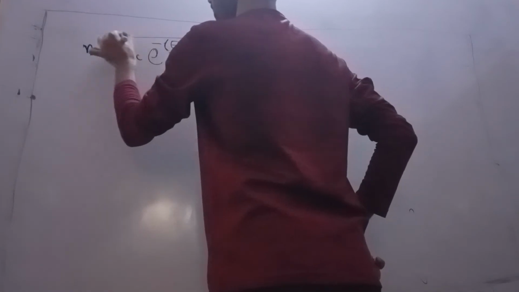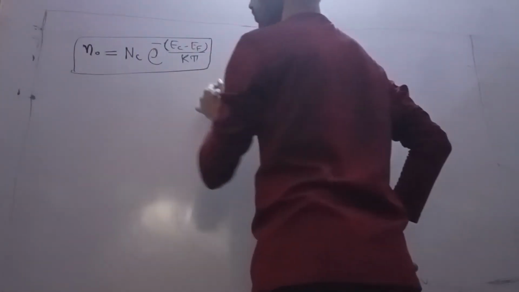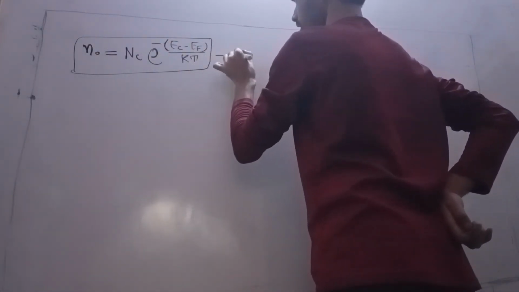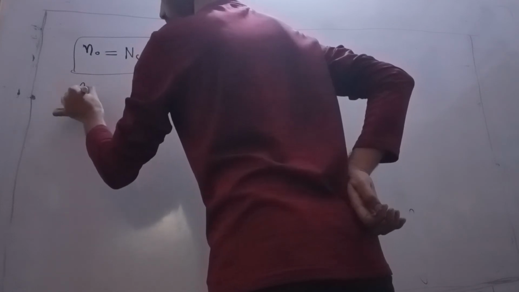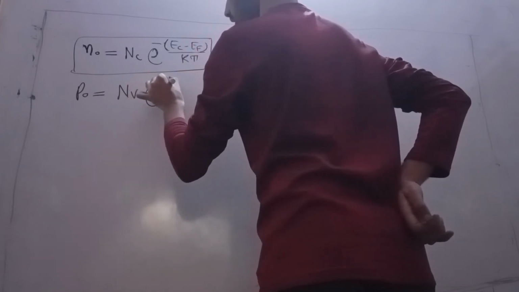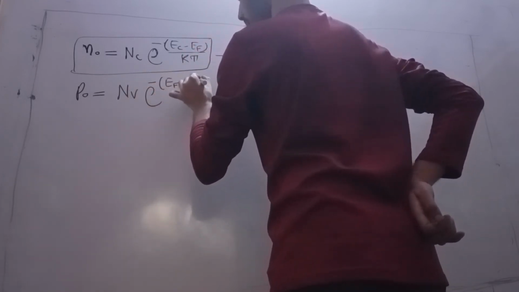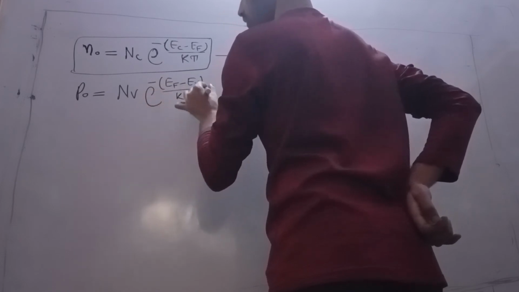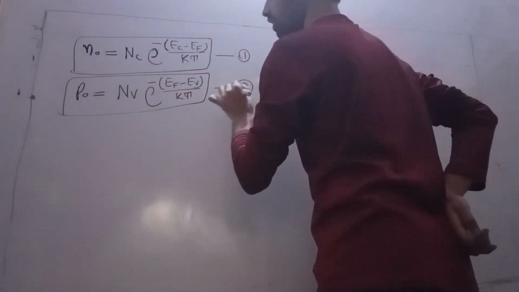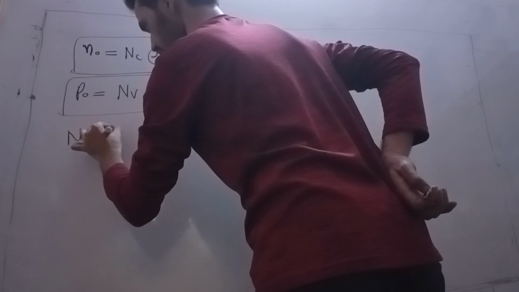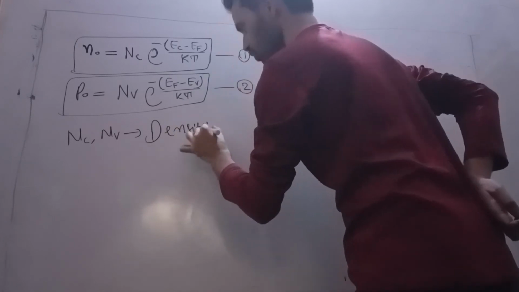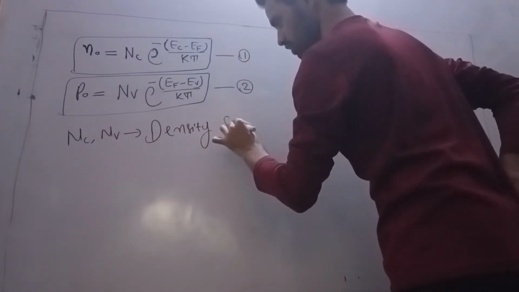For holes, the thermal equilibrium concentration is Nv e to the power minus (Ef minus Ev) by Kt. In these two equations, Nc and Nv are the density of quantum states, the density of state functions.